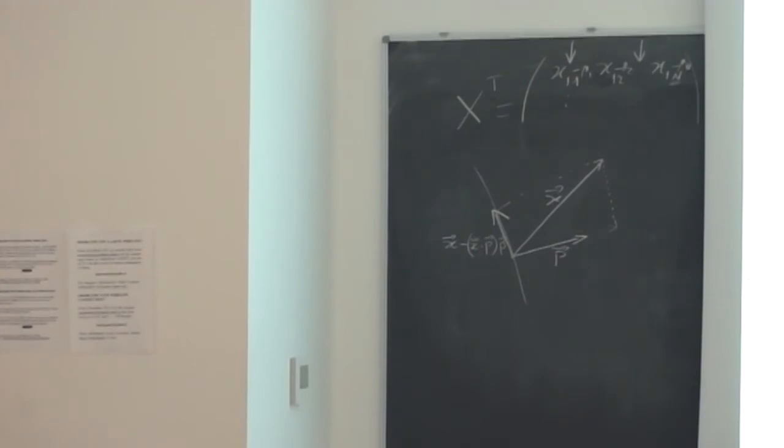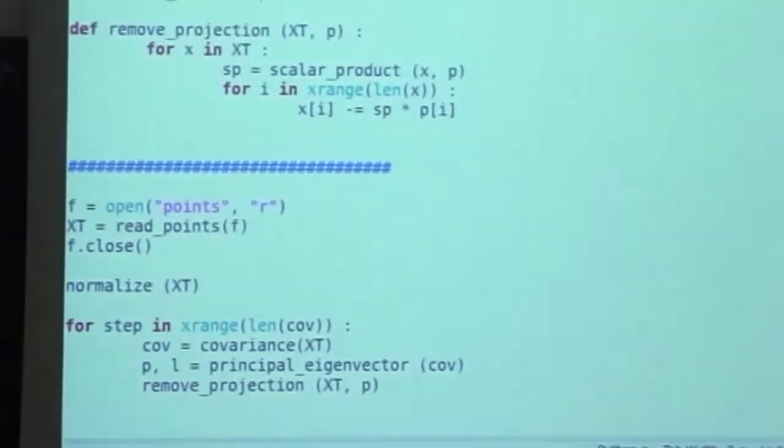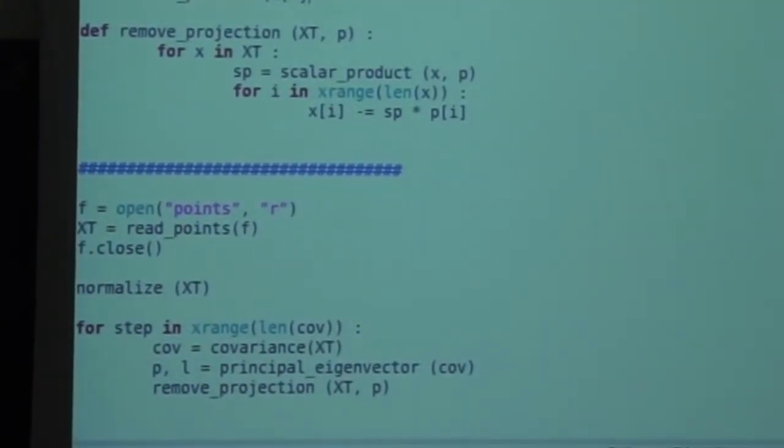Of course, I need to define the function scalar product between two generic vectors x and y.